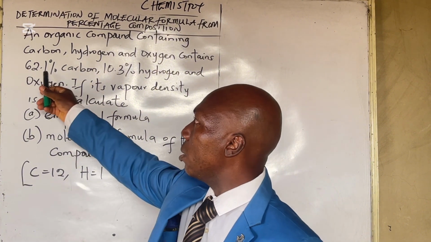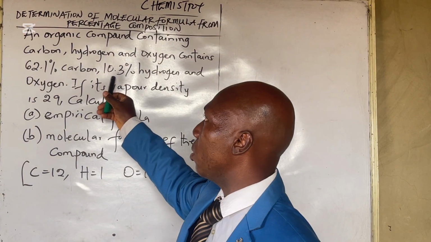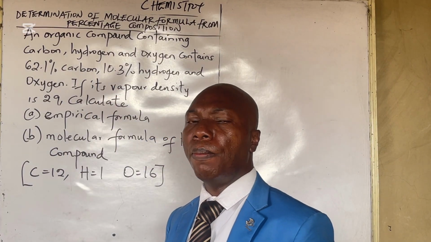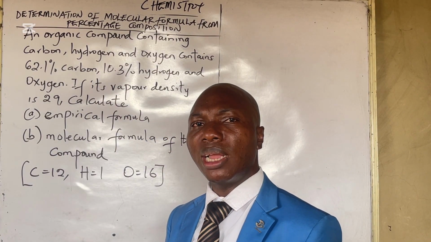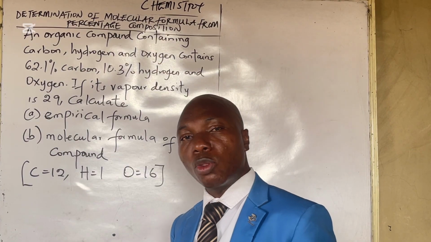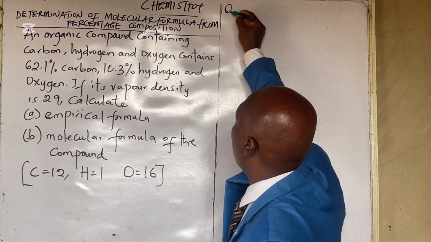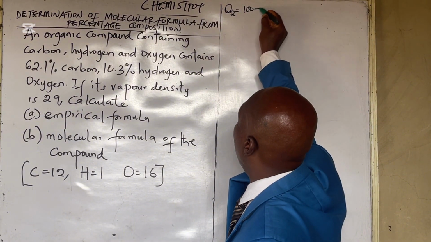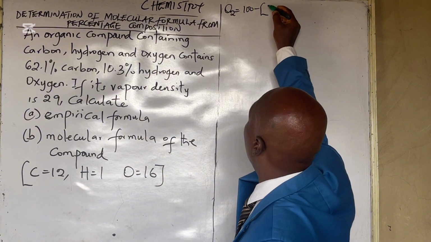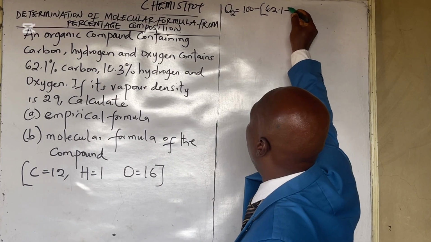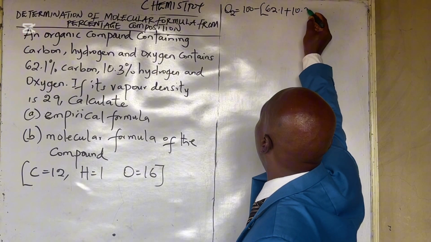When we add up 62.1 and 10.3 and take it from 100, we will get that of oxygen. So we say oxygen will be 100 minus the addition of 62.1 plus 10.3.